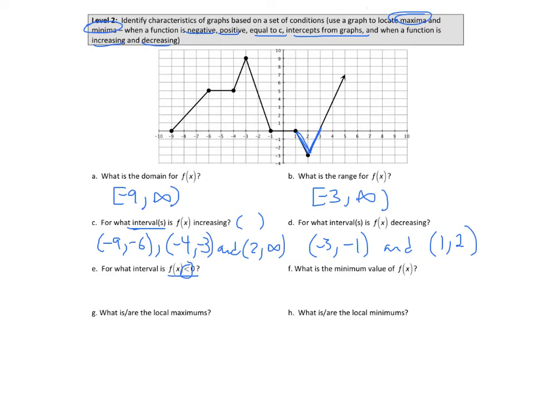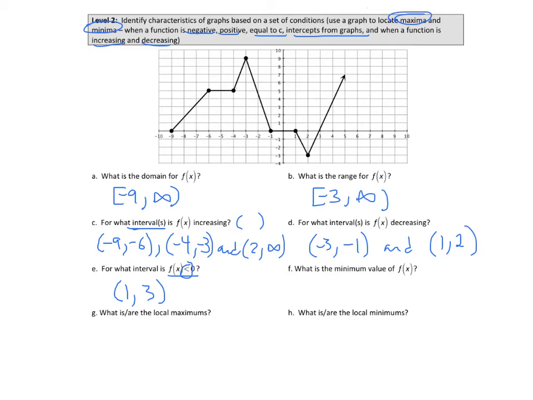So at 1, the graph actually equals 0. So I have to use a parenthesis because that point is not included because the graph is technically not negative at 1. So I use a parenthesis from 1 and then to 3, and again at 3 I use a parenthesis because at 3 it actually equals 0. In between those, the function's negative. But we use parentheses because those points aren't included.